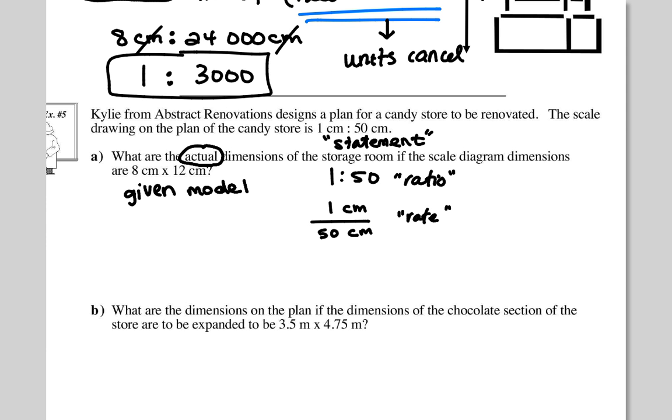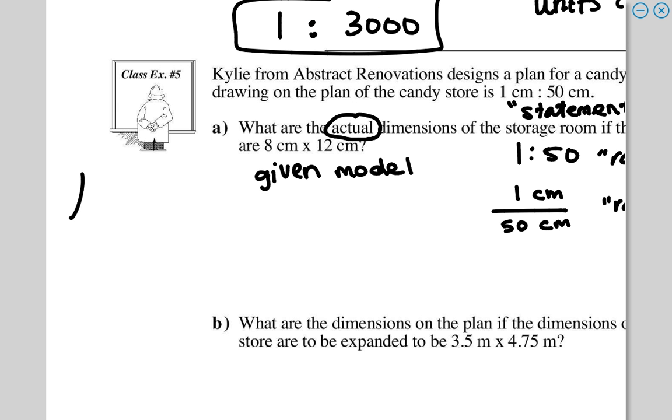And if you guys remember that last quiz, what could I do to 8 and 12? What could I do to make them bigger? Multiply by what? 50. Is it obvious? If it's not too obvious, let me just remind you that this L and this W represent a length by a width.